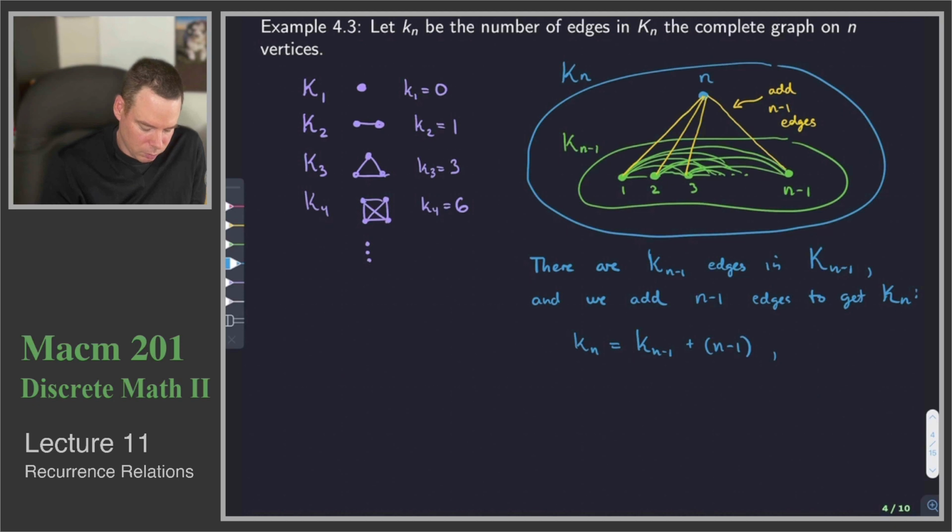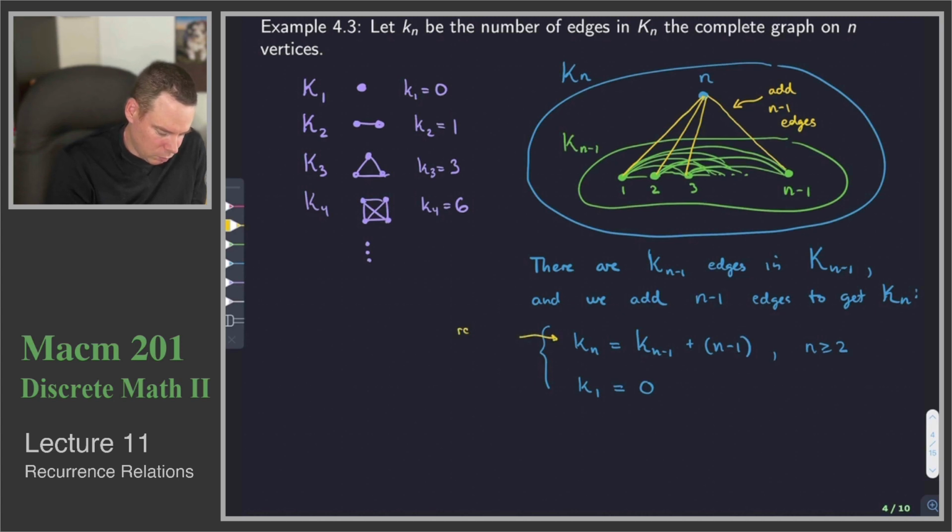And so there's our recurrence relation. That's for n bigger than or equal to 2. And we have our initial condition that says if we had a graph with only one vertex, there are no edges for it. And so there we go. We've got our recurrence relation and our initial condition, or our initial value.